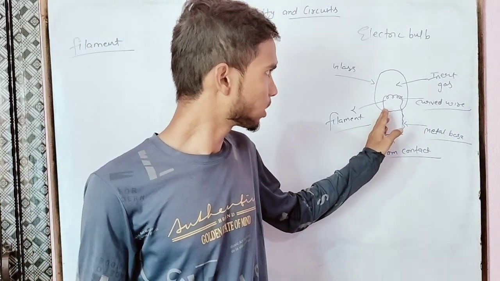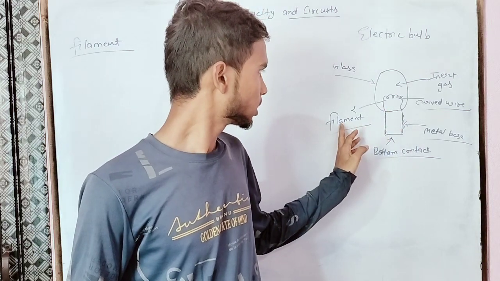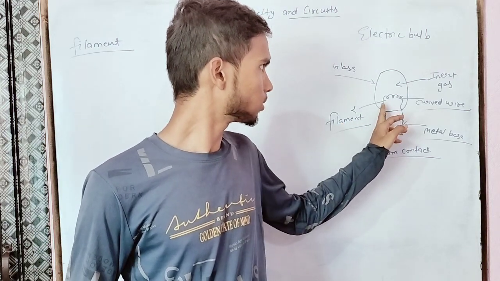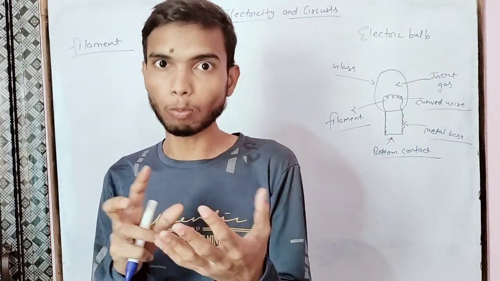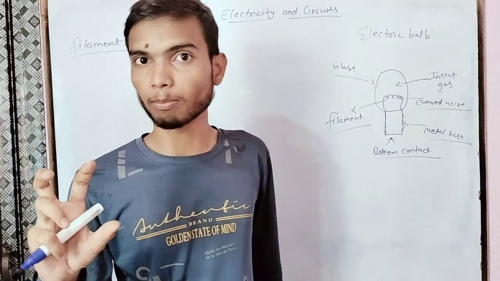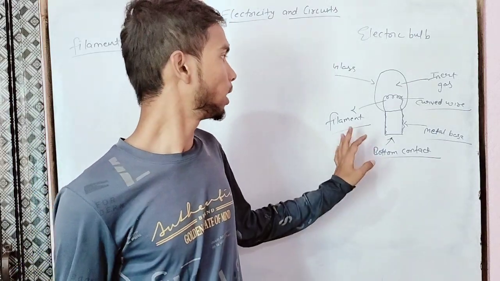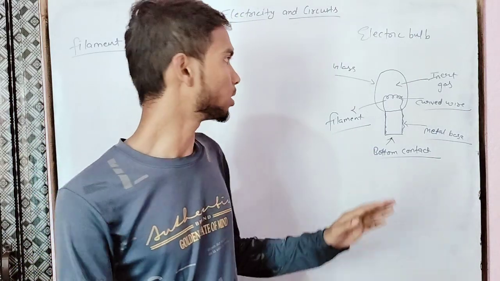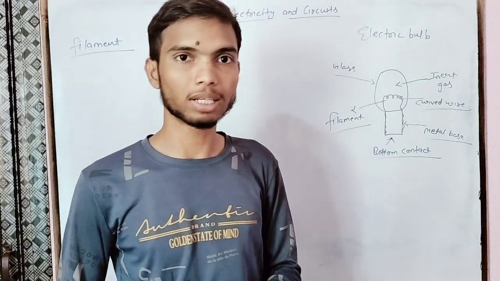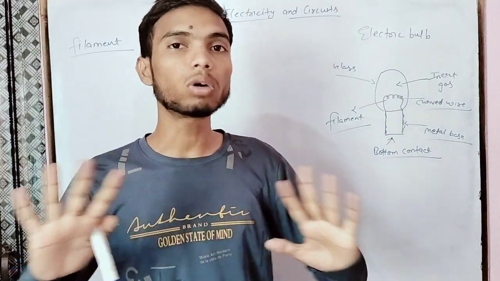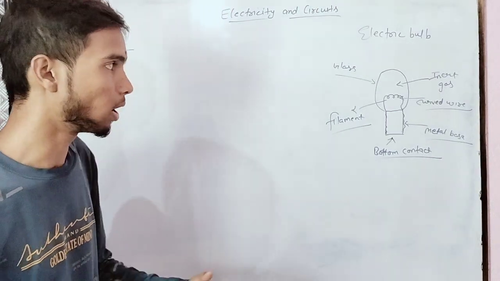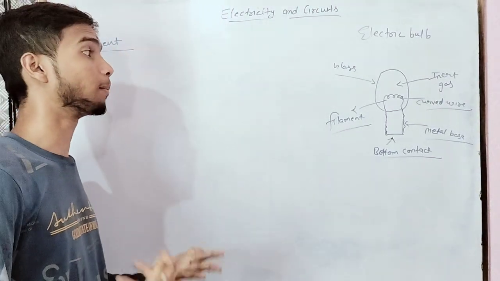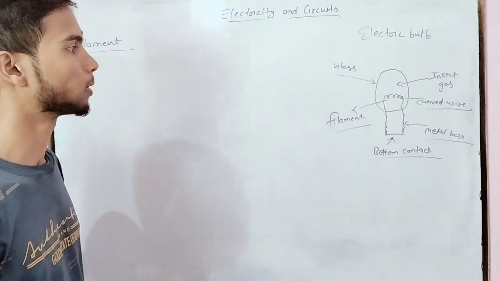When electricity comes to this filament wire, then the bulb will glow. If electricity does not come to this filament wire, then the bulb will not glow. It is very simple to understand when the bulb will glow and when it will not.